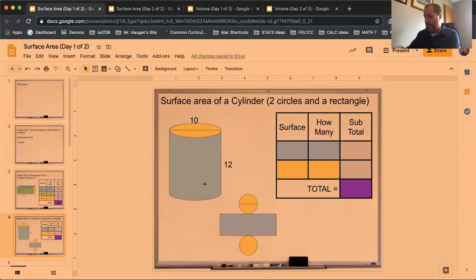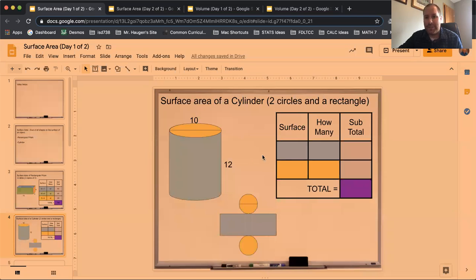You can do that with any piece of paper if you wanted to. If I start with a rectangular piece of paper and roll that into a circle, that essentially makes a cylinder. I just don't have the circles on top and bottom, but that's all it is. The outer part of a cylinder is just a rectangle. So really we can use our ideas from rectangles to figure that out.